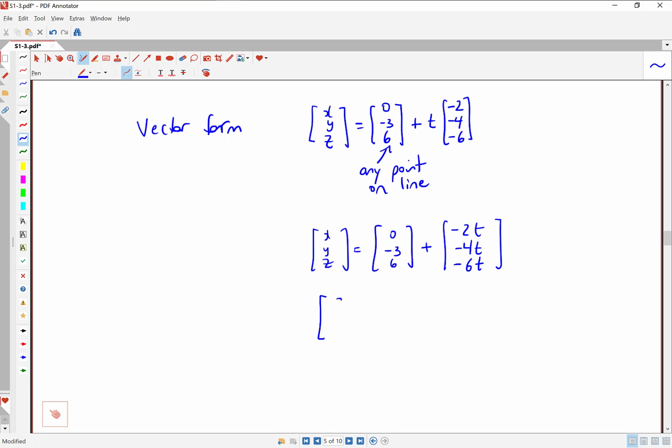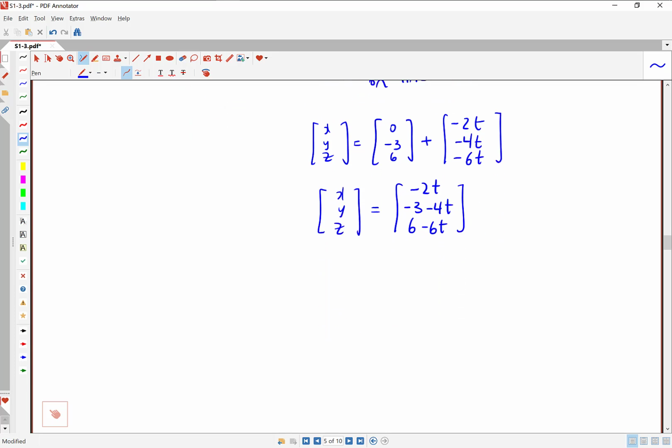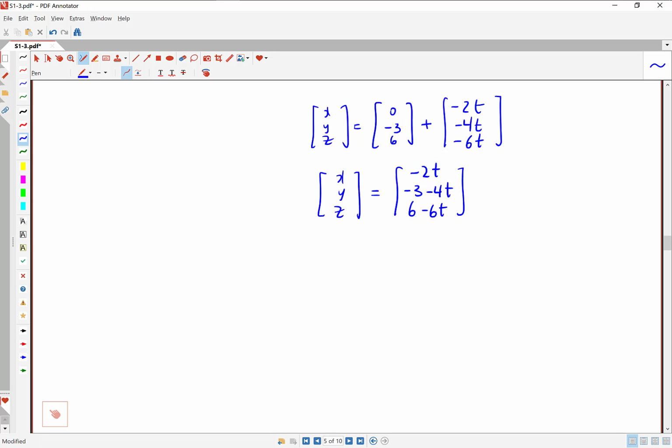Second thing we can do is add the vectors together on the right side, so we'll get -2t, -3 minus 4t, and 6 minus 6t. And then the very last step is to break this into individual equations, 1 equation for each component. The top one reads x equals -2t, y equals -3 minus 4t, z reads 6 minus 6t. And that's our parametric form.